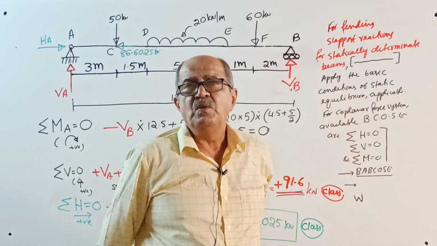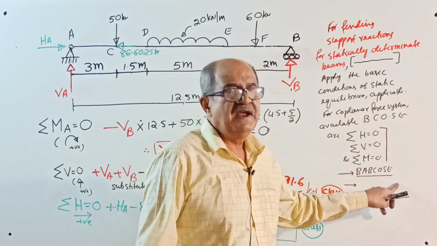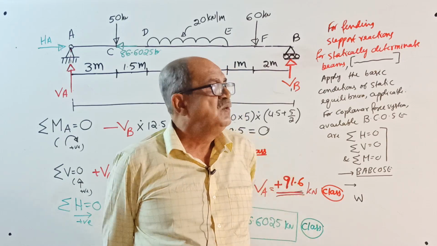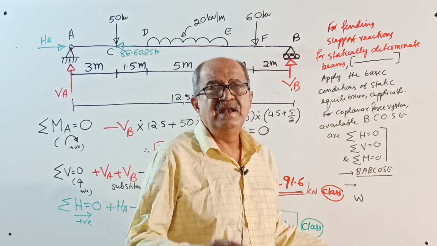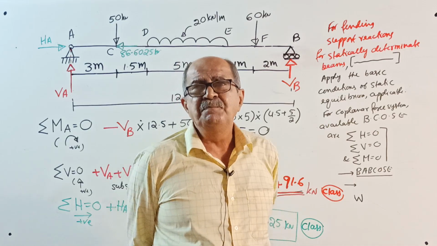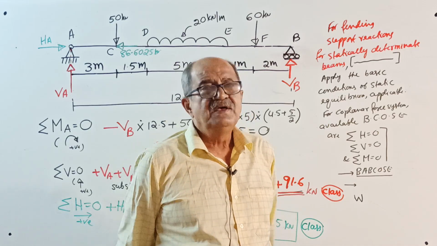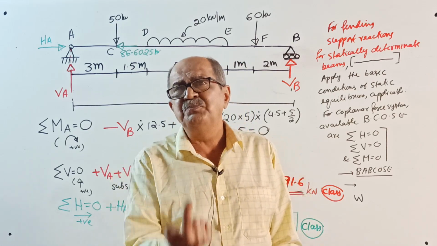Okay. Now, what about direction of reactions? See, in the notes I will write all these. Here I am dictating. This I will explain a little later, but briefly I will tell. It is completely your choice. For example, vertical reaction, you can consider it to be upward or downward.